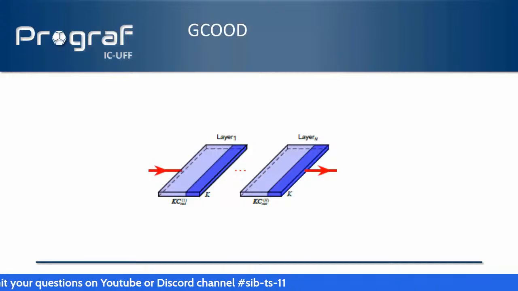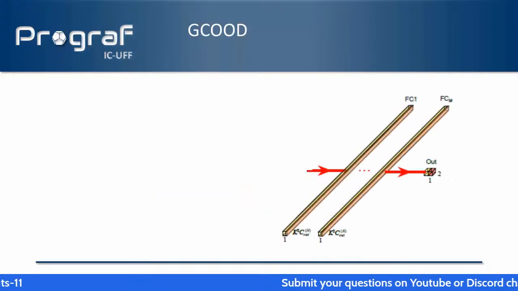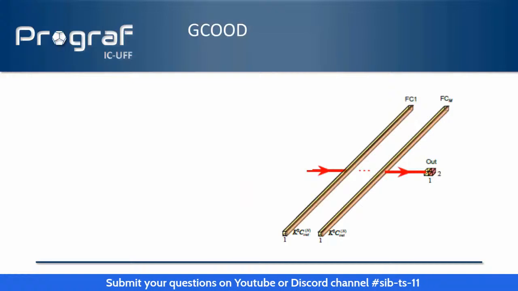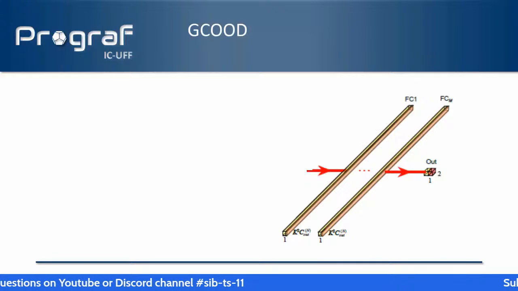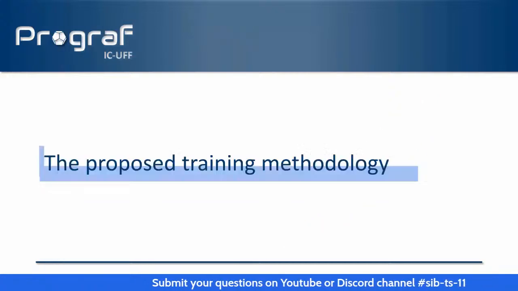The number n represents the number of layers, which is a hyperparameter. Each fully connected layer is followed by a dropout. The number m is the number of fully connected layers, which is also a hyperparameter. The output is binary, given by a sigmoid function.